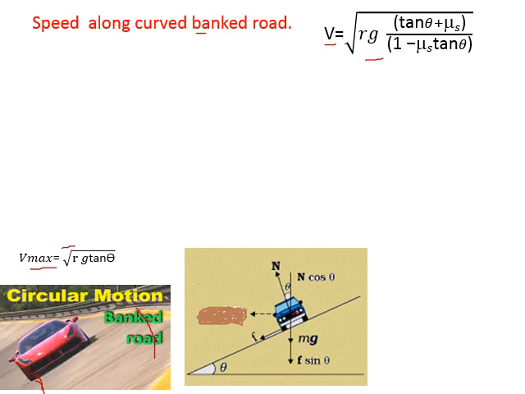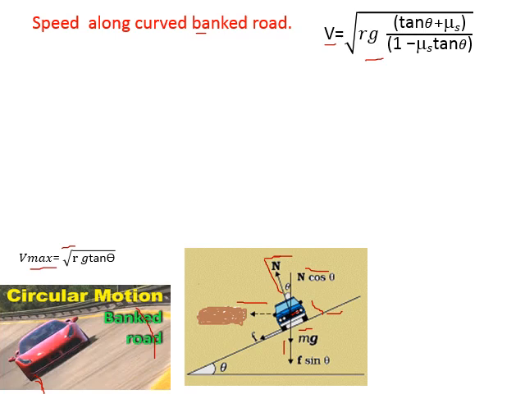Now as previously I told you, this mg is the weight of the car which is in downward direction. N is the normal reaction, that is the force exerted by this surface on this car which is in this direction. This n is resolved in two components. N cos theta is upward and n sin theta is along the radius towards the center, which is not shown here, but we will show it.